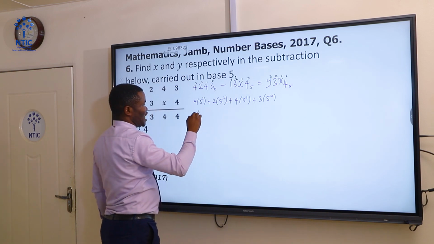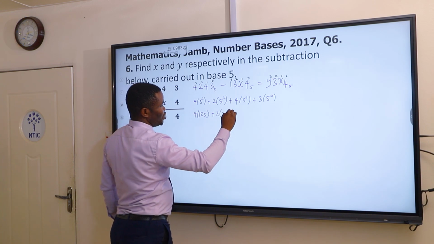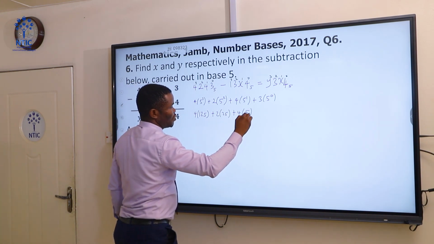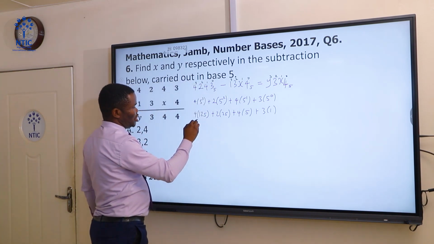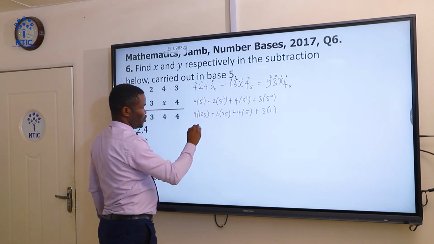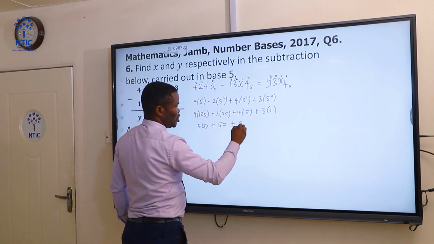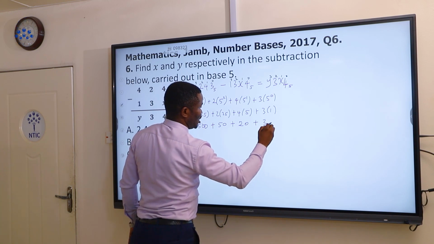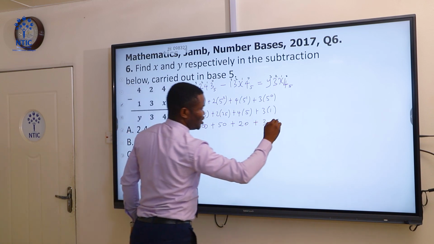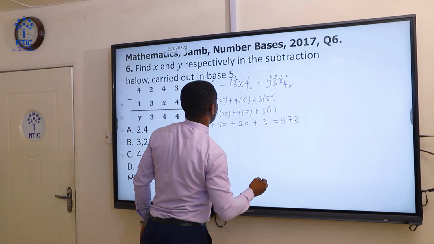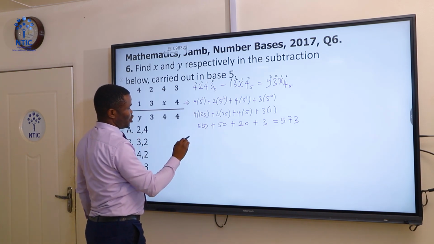This is going to be 4 times 125 plus 2 times 25 plus 4 times 5 plus 3 times 1. So this is going to be 500 plus 50 plus 20 plus 3. And at the end of the day, we have 573 in base 10. So this is the first number.